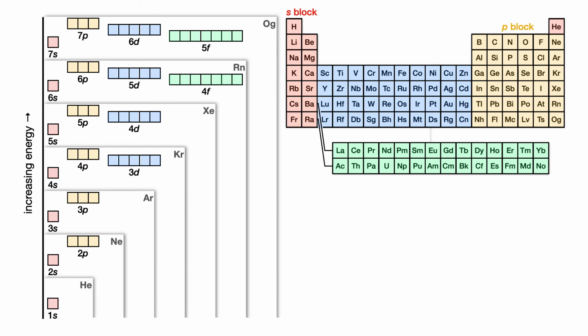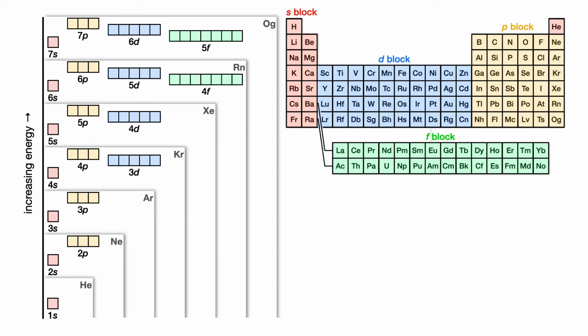Their outermost electrons are in a p sublevel. The transition metals form the d block. Their outermost electrons are in a d sublevel. And then your inner transition metals are in the f block. Their outermost electrons are in an f sublevel.